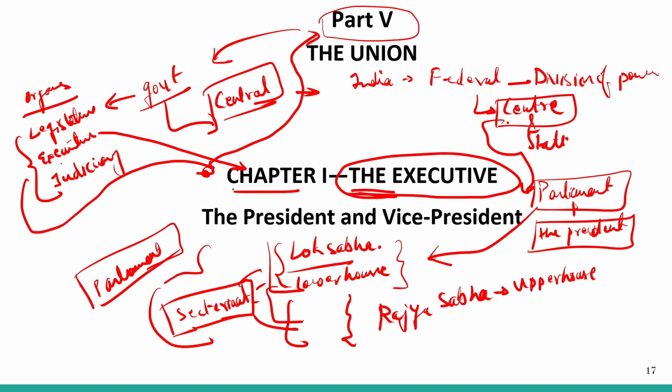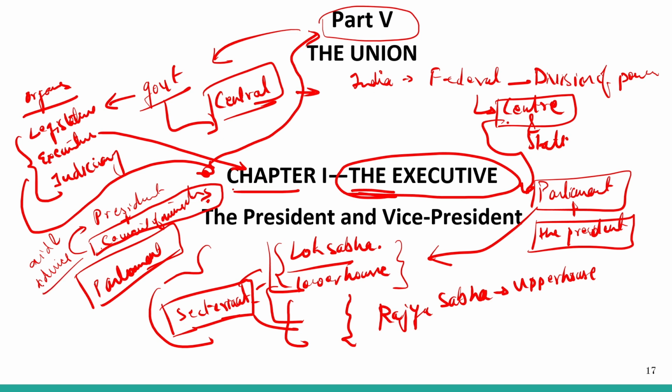The executive, if we talk, it comprises the president plus its council of ministers, and this council of ministers is going to aid and advise the president, and based on that aid and advice only, the president is supposed to work.